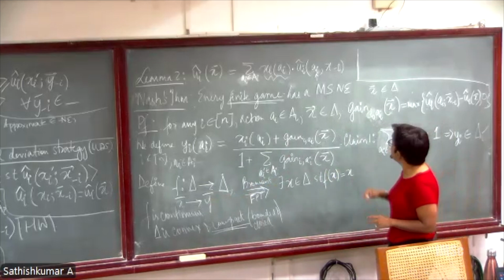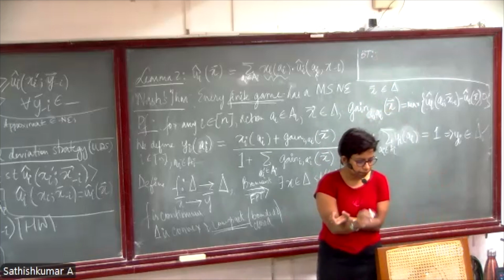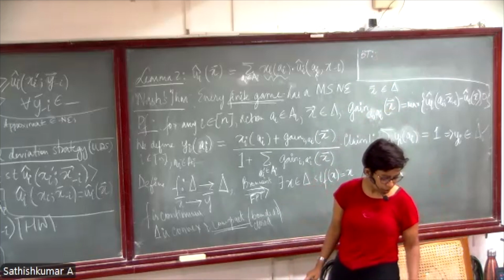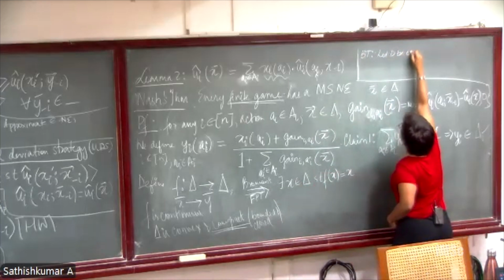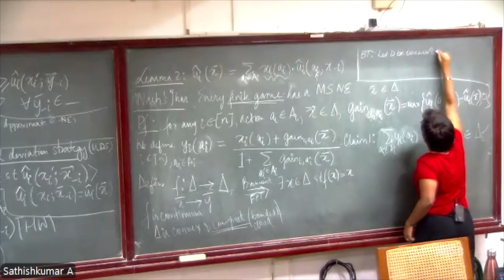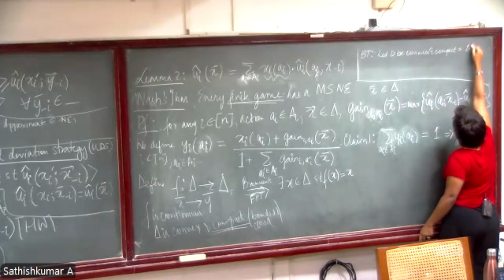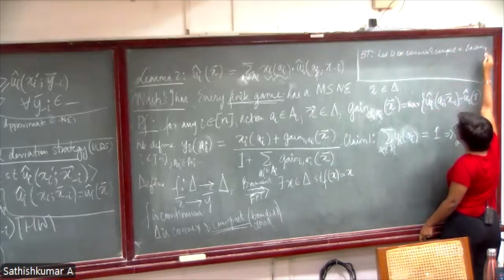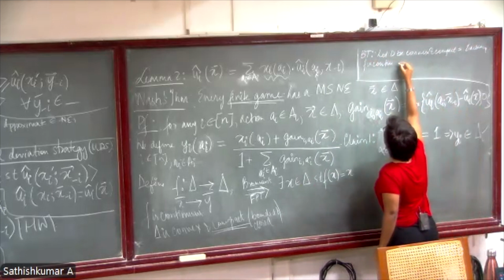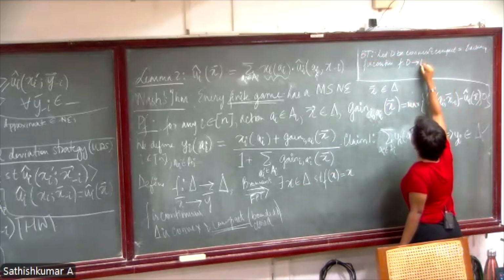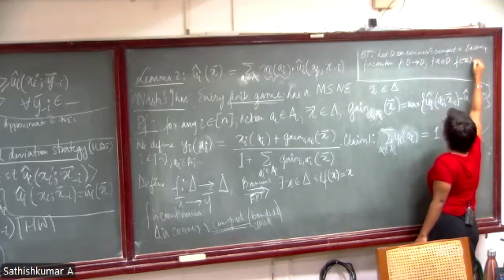All right. I'm just going to write Brouwer's theorem for completeness. Let D be convex and compact, a subset of the Euclidean space, and f be continuous. Then there exists x such that f of x equals x, just whatever we said.